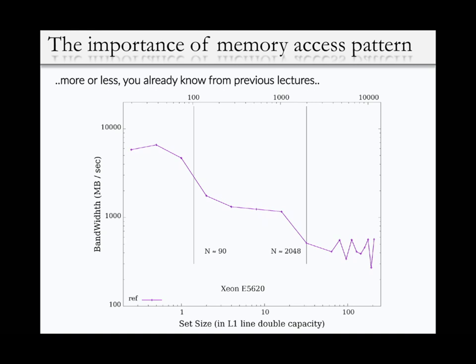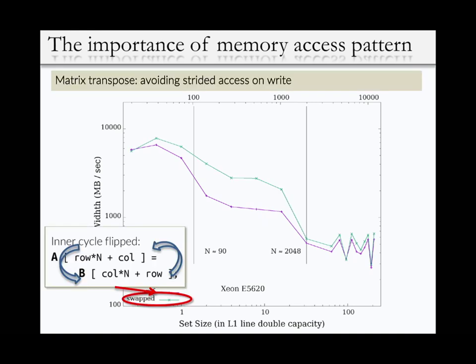You have a very high bandwidth for whatever n, and then for n plus 1 you drop down by a factor of 10, 100, something like that. So you say, why? I mean, it's still in the cache, no?